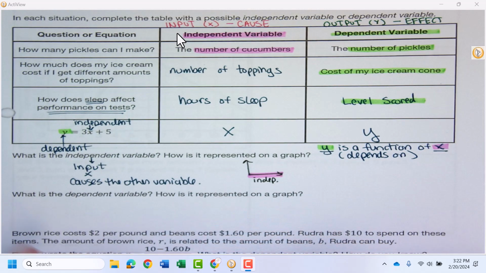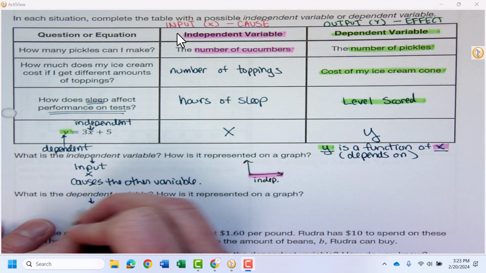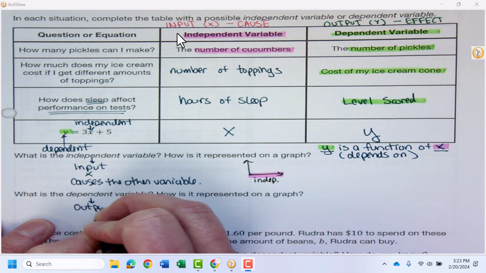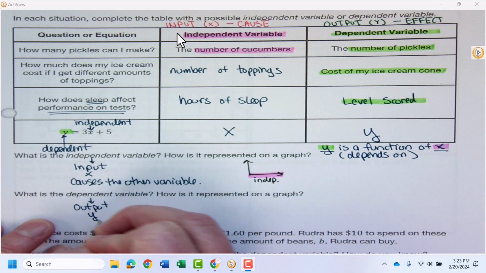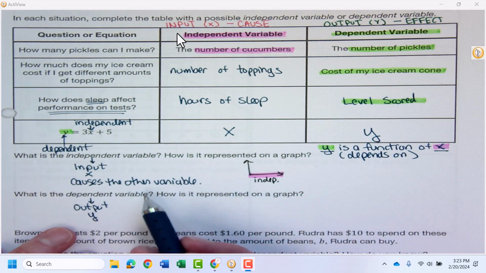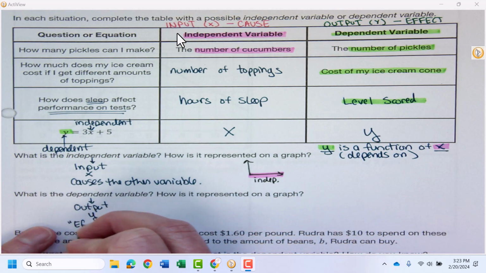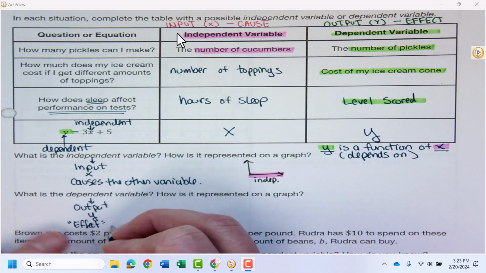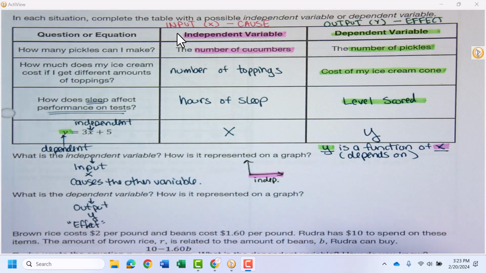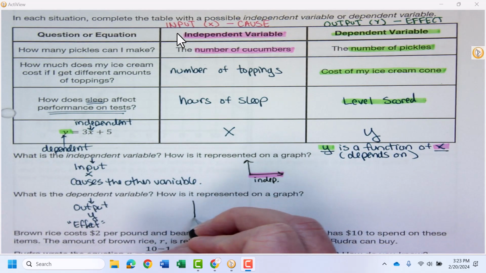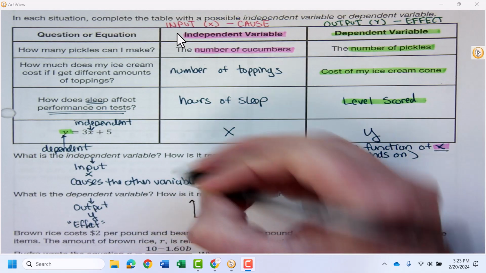So the dependent variable is the output, or y, and it is the effect that happens as a result of x. And on a graph, it would be the vertical axis.